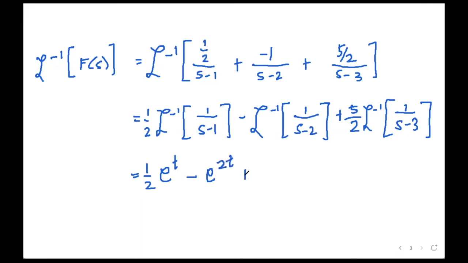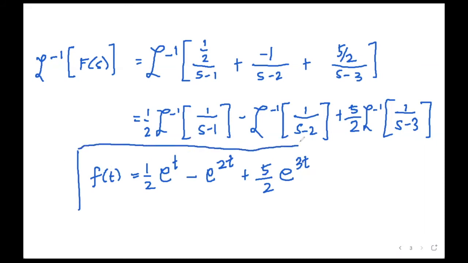And the last term will be 5/2 e raised to 3t, positive 3t. So now this is your answer, the inverse transform of f or f of t. And the inverse transform of f of s or f of t is equal to 1/2 e raised to t minus e raised to 2t plus 5/2 e raised to 3t.